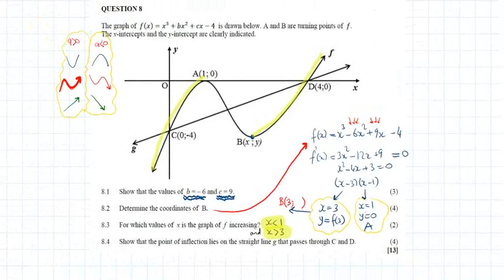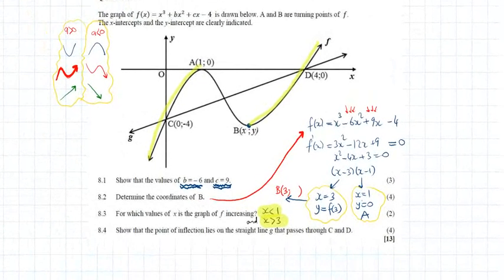No. But what we know is its x-intercept, and we know its y-intercept actually. -4 is the y-intercept, x-intercept is 4. We know that so we can get the line equation. But according to this question, which is mentioning an inflection point, we have to find that point and then show that it actually lies on that straight line G.